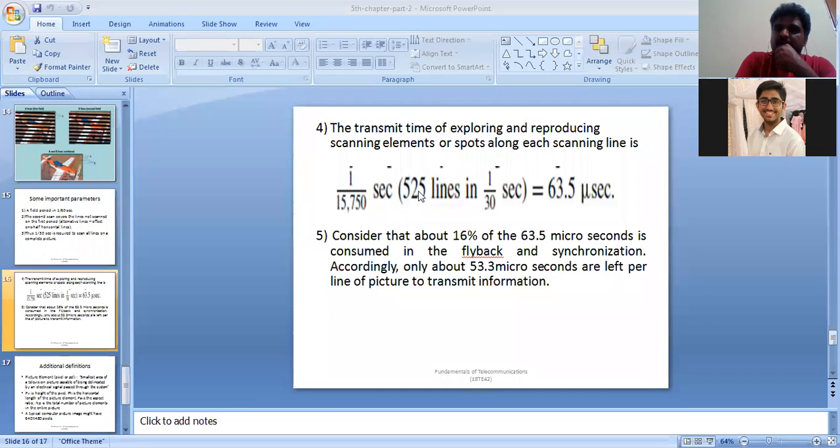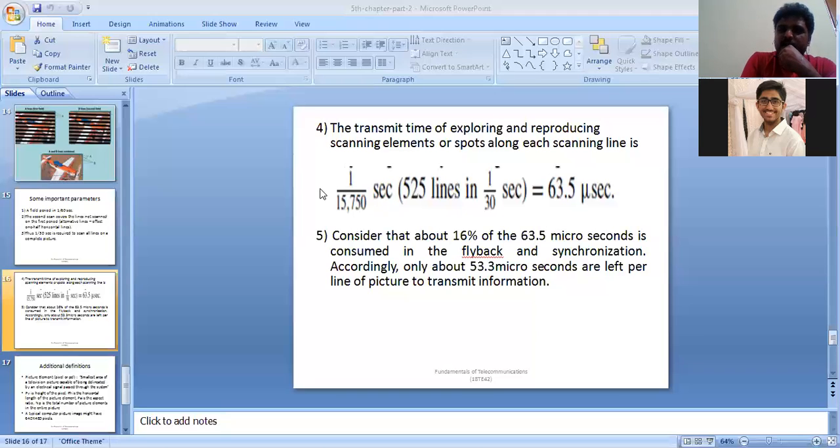525 is something like 500 into 3 is 1500, along with another zero, so it will not be 1500, rather 15,000. But precisely, 525 into 30 is 15,750. So to send or transmit one horizontal line through a medium, you need 1 divided by 15,750 of a second.